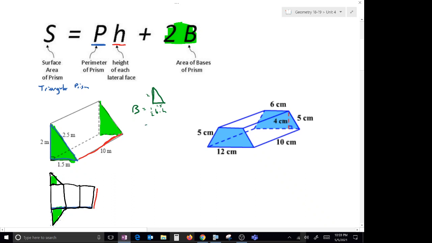So when we plug that in, that's 1/2 times 1.5 times 2. If I work that out, 2 times 1.5 is 3, divided by 2 gives me 1.5. So that's the area of my base. So I've got this part done.